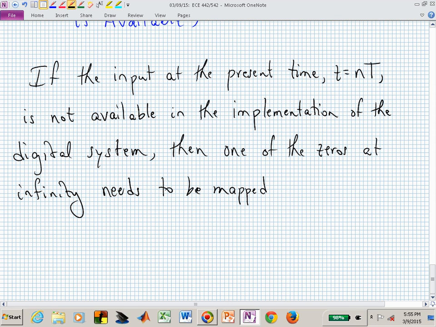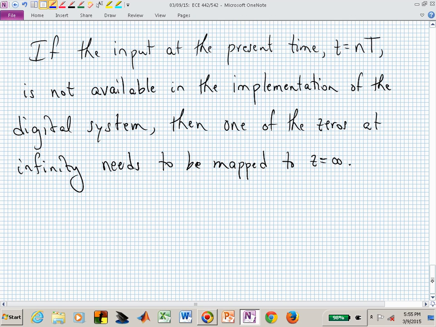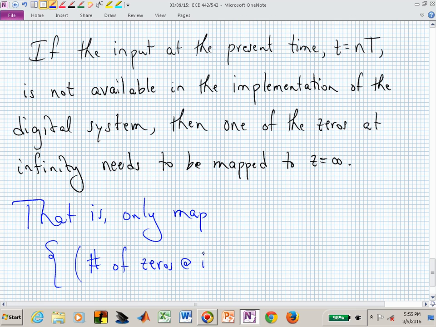Needs to be mapped to z equal infinity. I can try to say that another way. That is, only map, and here you have to try to keep track of my brackets and curly brackets and parentheses, you can compute the number of zeros at infinity.